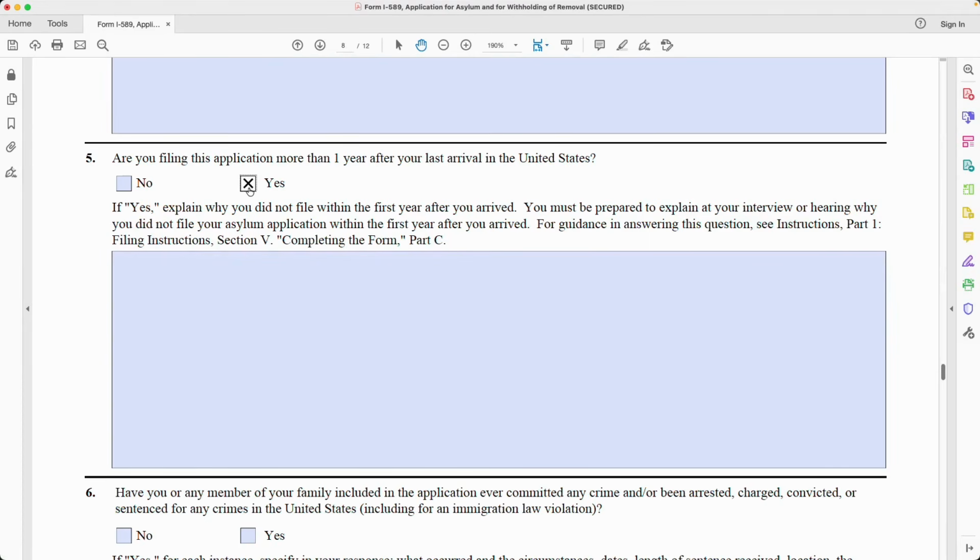Usually, you must file within 1 year of arriving in the United States, but there are some exceptions. For example, if you had another immigration status before, are under age 18, or were not previously in danger in your country, but now circumstances have changed. You can learn more about those exceptions here.